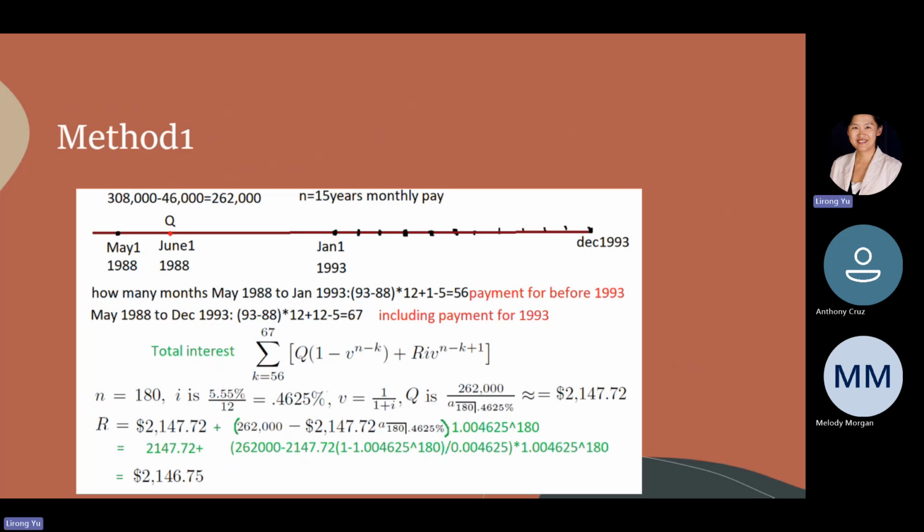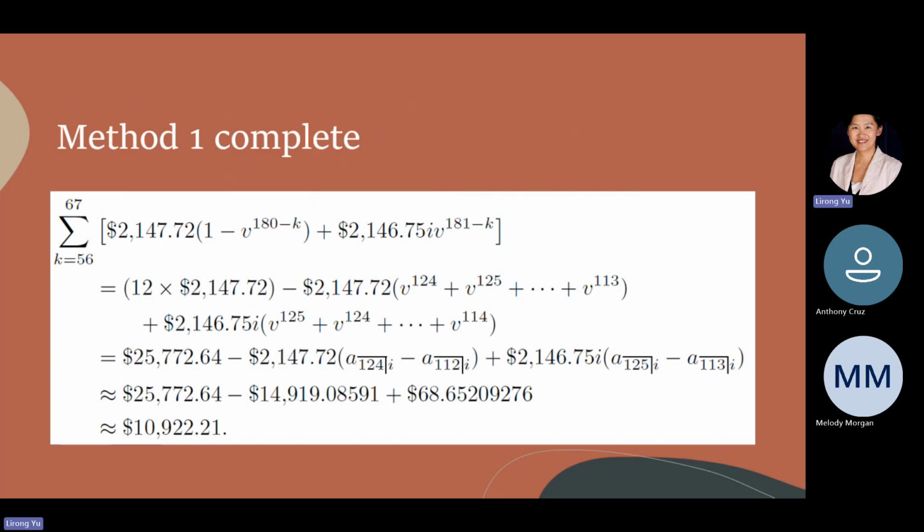I realize even knowing the R, trying to figure out the R takes a little bit more time, to figure out every piece of it, the I, the V, the R, the Q. And then the rest of the calculation is this. So this calculation really is a little bit more time consuming, considering how many calculations we have to do individually. So this is method 1.